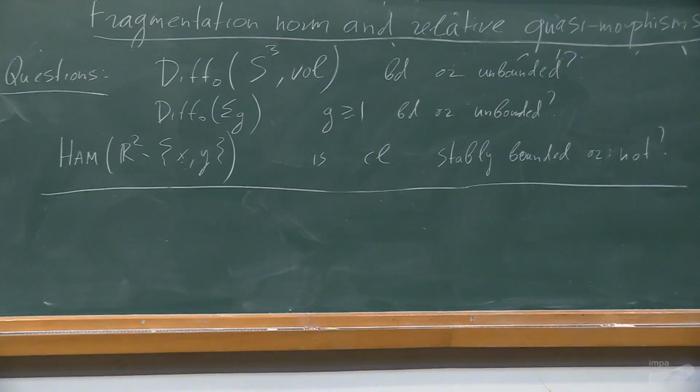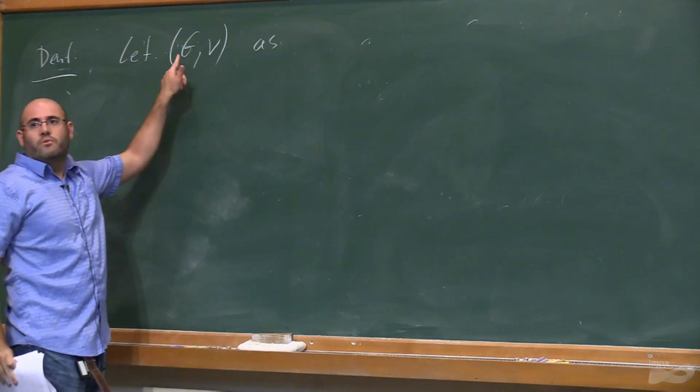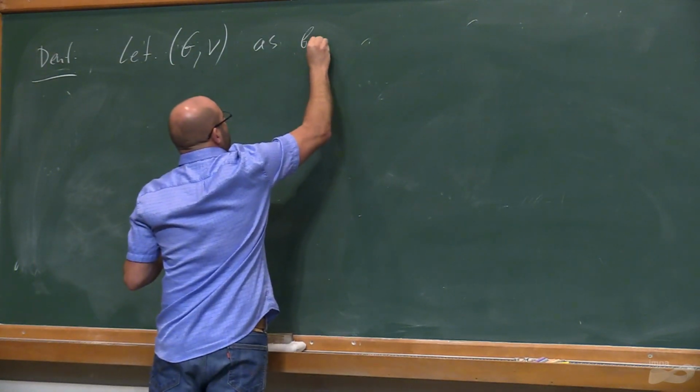Okay, so the last definition for today. Let G and nu be as before. What I mean is G is just some group and nu is a conjugation invariant norm on G, as before.